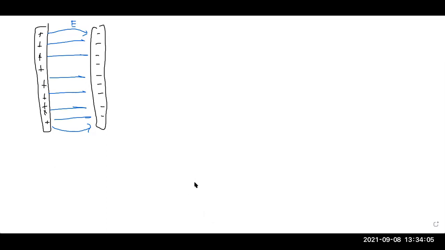So just picking, if we set this to be at 0 volts, and if it say took 20 joules to move a coulomb from here to here, this would be at 20 volts.